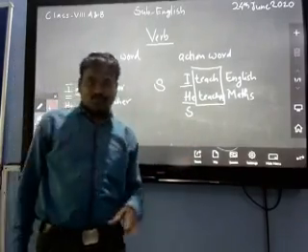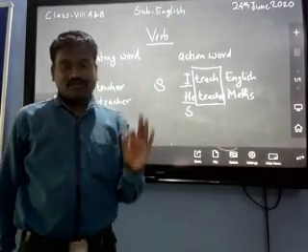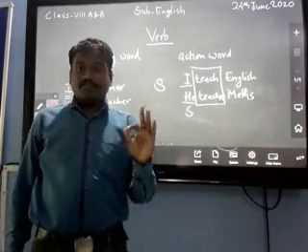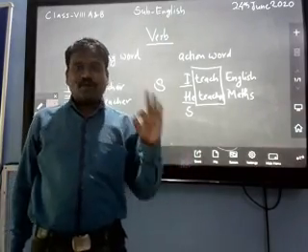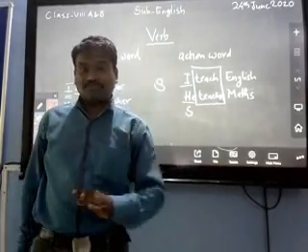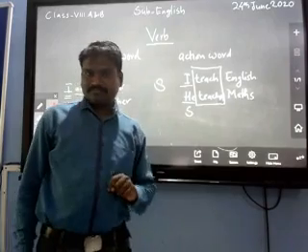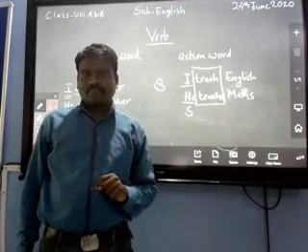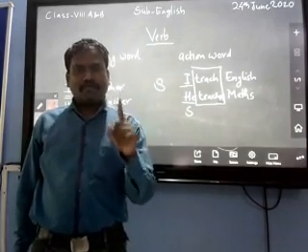One more thing you should keep in mind: when we say that verbs tell about the action performed by the subject, that would be wrong. It does not happen always.